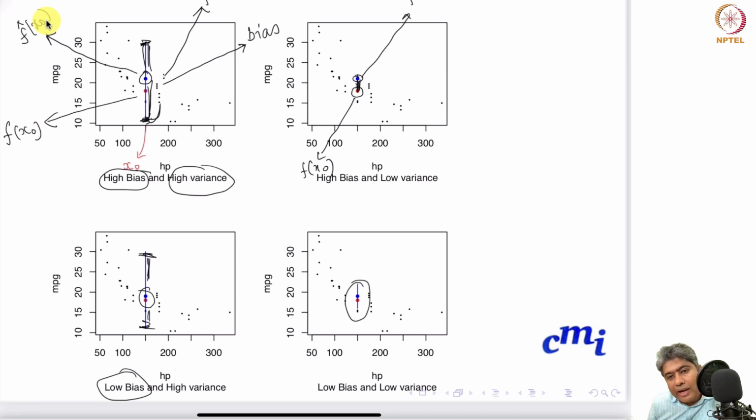We obviously would like to arrive somewhere in this situation. This is probably the best situation, where we have low bias and low variance. However, here is the bad news that I am bringing to you.